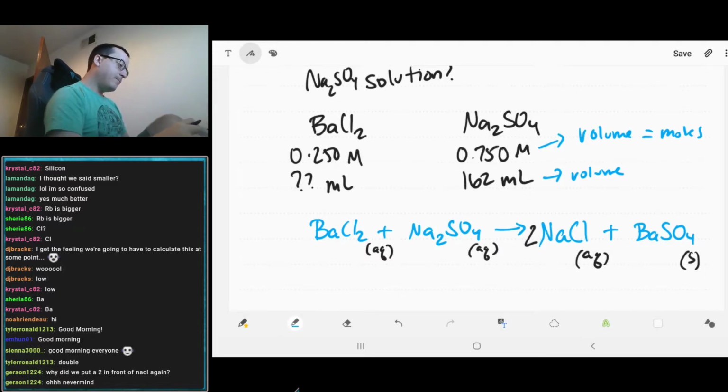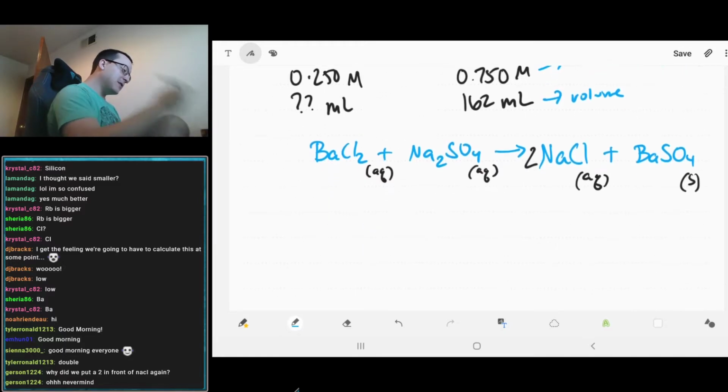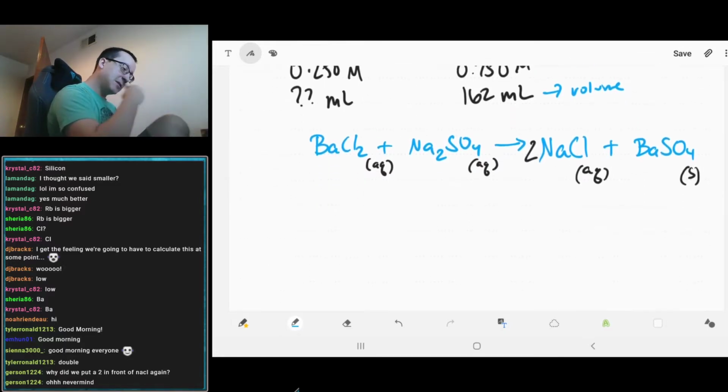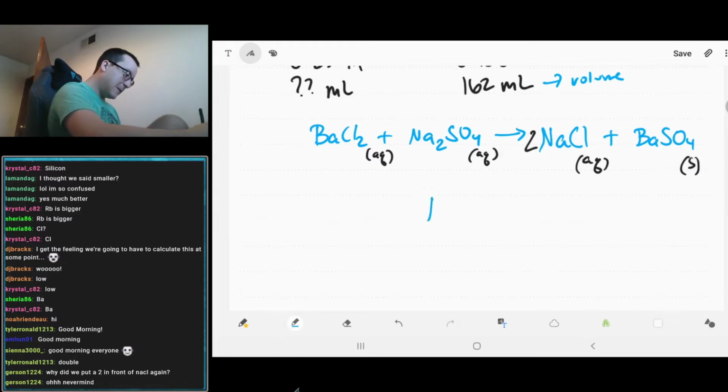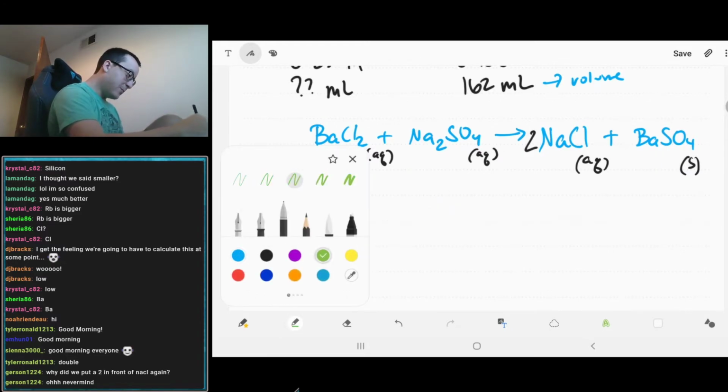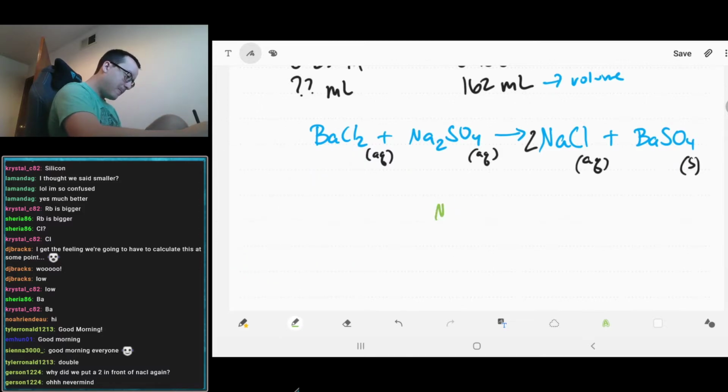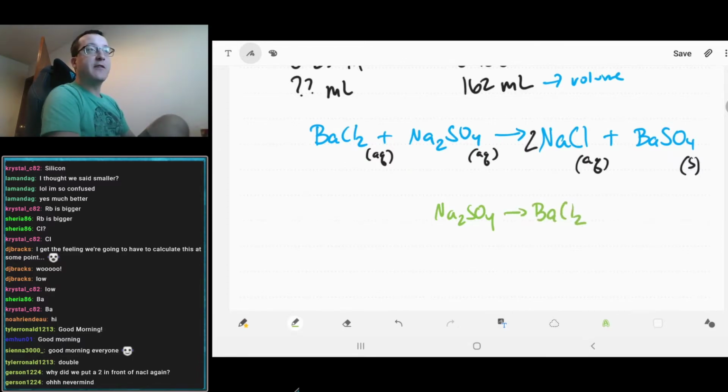So, let's start. Essentially what this reaction is telling us is we are converting in between. Let me switch to a different color. We can plan this out. We are going in between sodium sulfate and barium chloride.